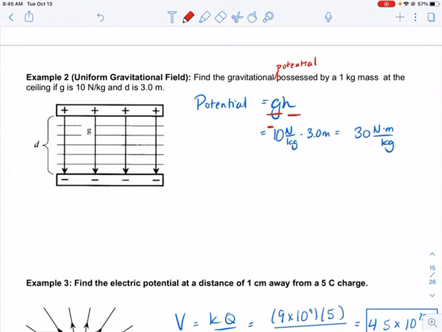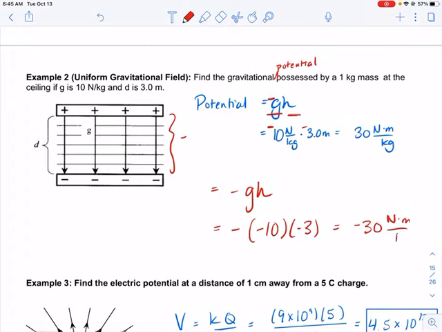Actually, I should put a negative there because it's pointed downward, times 3 meters, which is also downward. Actually, there should be a negative on the equation itself. Let me rewrite this. The equation is negative gh. So I plug in negative 10 and negative 3, and I end up with an answer of negative 30 newton meters per kilogram, or negative 30 joules per kilogram.